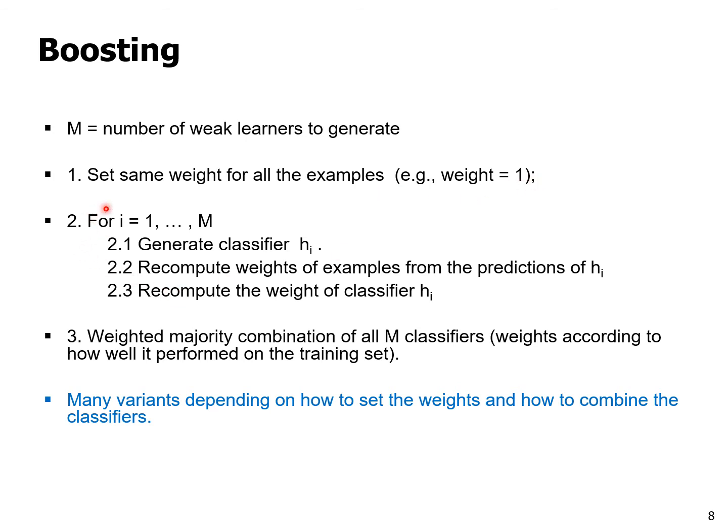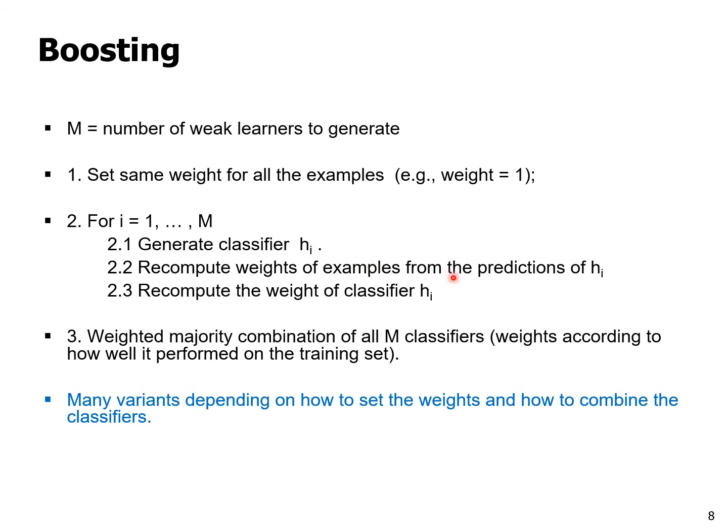Then for i varying from 1 to M, we generate the classifier h_i, and then using this h_i, we classify the examples.